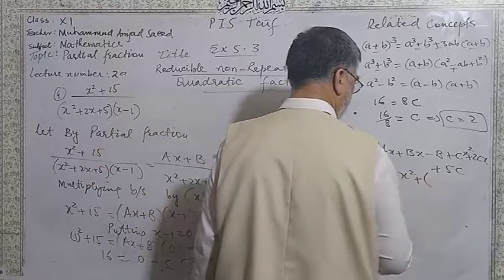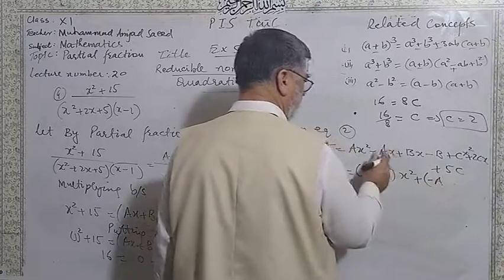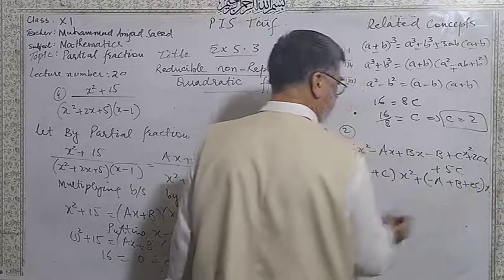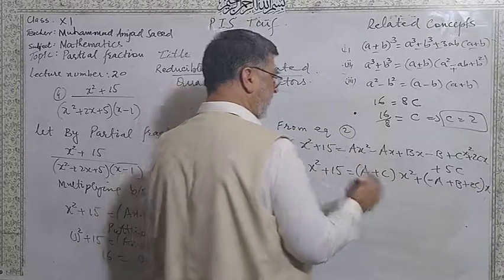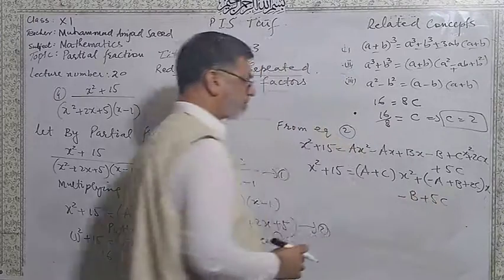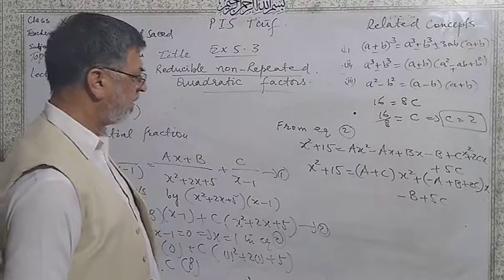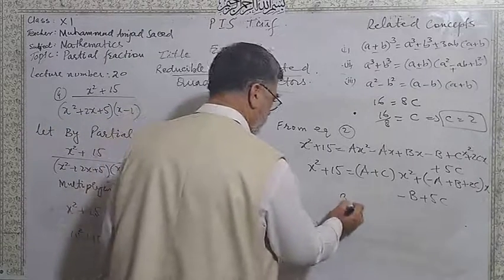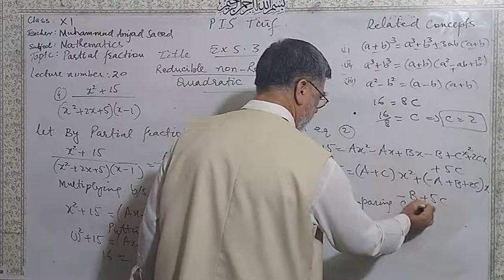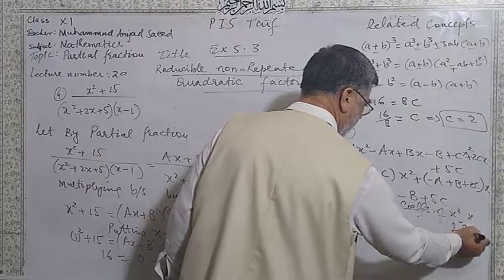After that, terms involving x: minus a plus b plus 2c into x, and at the end the constant minus b plus 5c. Comparing coefficients of x square, x and constant.